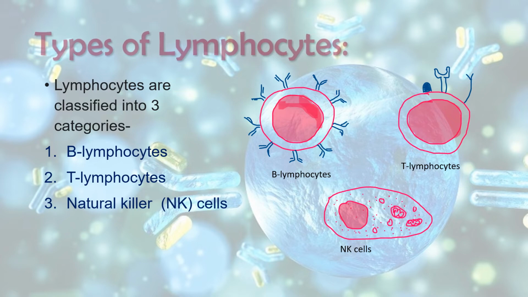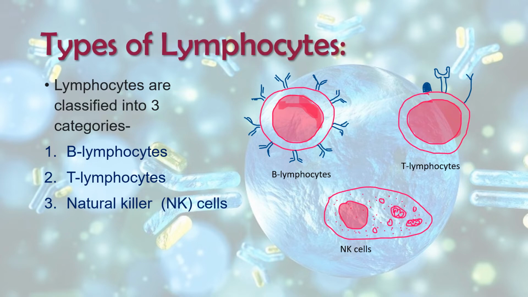Now, types of lymphocytes. Before we take the types of lymphocytes, let's recall how these lymphocytes are formed and from which kind of progenitor cells. As I already told you in our previous class, there are hematopoietic stem cells, which have the capacity of self renewal. This hematopoietic stem cell can differentiate into two types of progenitor.